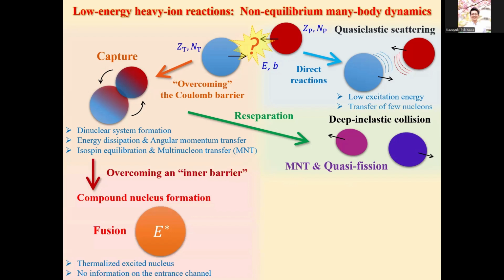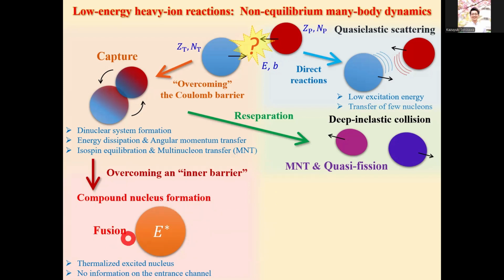And then, with a certain probability, the system can overcome an inner barrier. There is a kind of inner barrier that needs to be overcome to make a fusion reaction. Then a composite system, the so-called compound nucleus, is formed. This is the so-called fusion reaction.